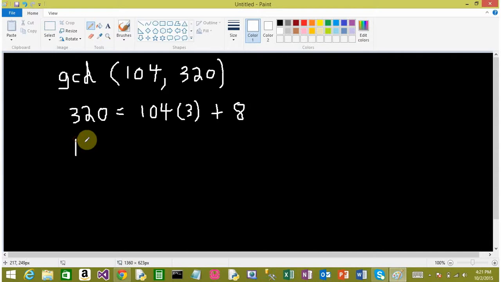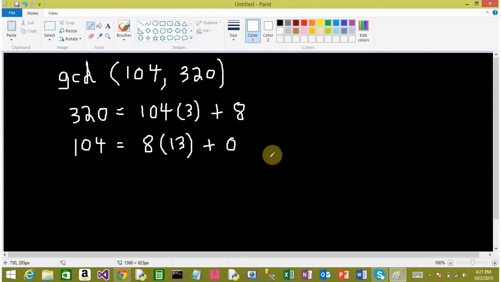Then we're going to do 104 equals 8 times 13, plus 0, so there's no remainder.